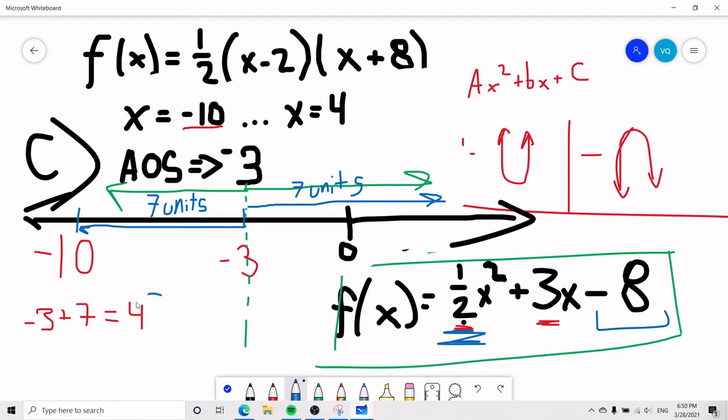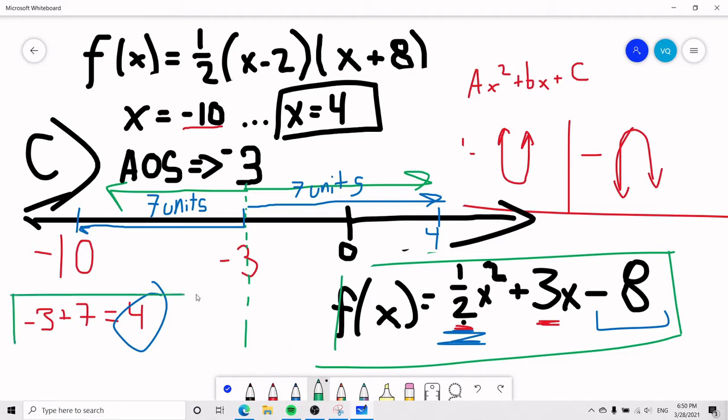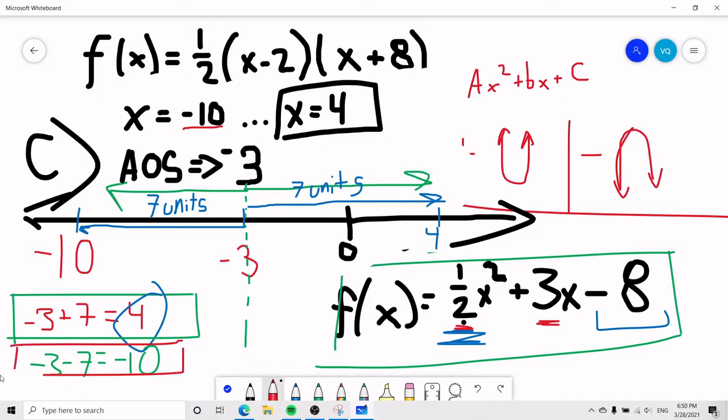And so writing down this 4 here, we prove that my other solution is 4, given the axis of symmetry. Okay? I guess the mathematical way to prove it would be to do something like this. You also want to put that -3 minus 7 gives you -10, right? And here with the -10, you are showing this guy here, all right? So that would be part C.